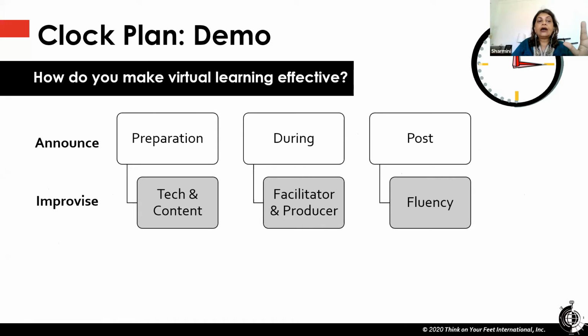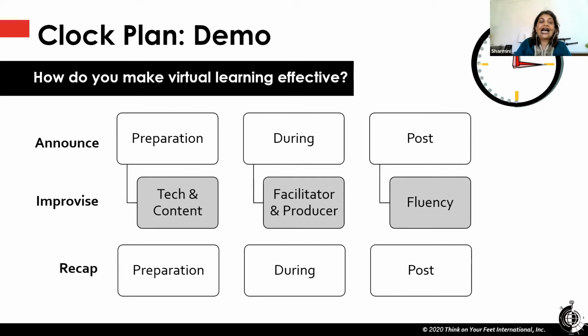And then I went on to talk about each one by one. What I did in the preparation stage, what is important during the during stage, and what's important in the post stage. And then I did a recap, right? I recap and I reminded all of you about the 3 pegs I talked about, the 3 areas I talked about: preparation, during, and post.